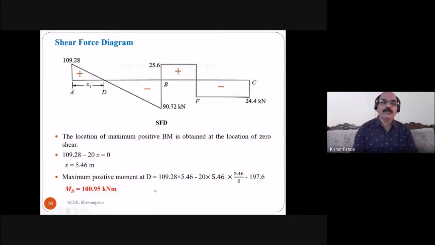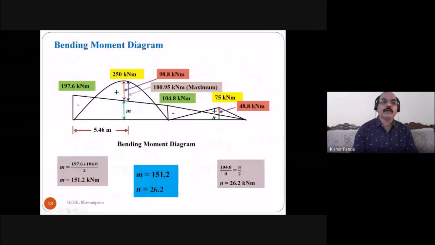Then after simplifying this, you will get the maximum positive moment at D, 100.95 kilonewton meter. This maximum moment you will get at a distance x, that is 5.46 meter from support A. At the midpoint there is a moment, but you will get the maximum positive moment at a distance 5.46 meter from the support.